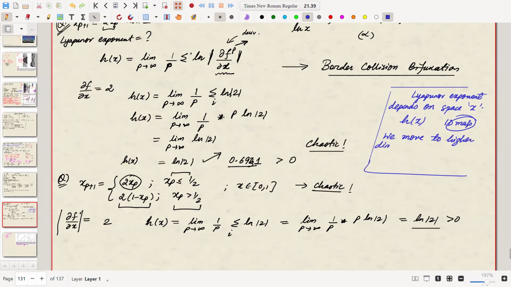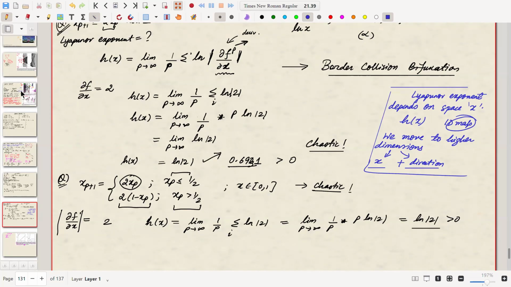If we move to higher dimensions, we can discuss that in addition to the location x, it also depends on the direction. It depends on x, the point where you are computing the Lyapunov exponent, and also the direction in which you are computing it.